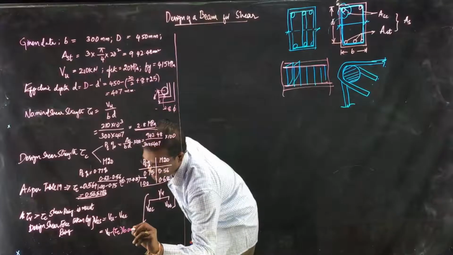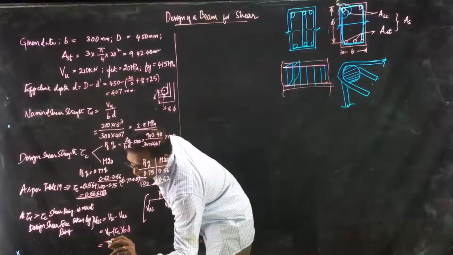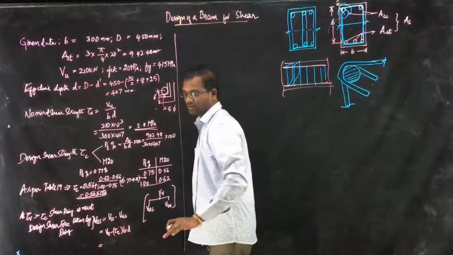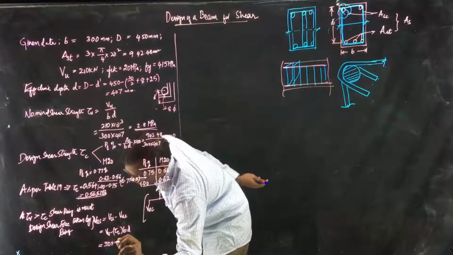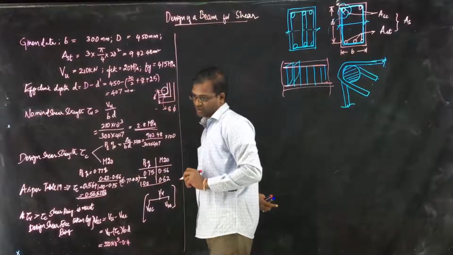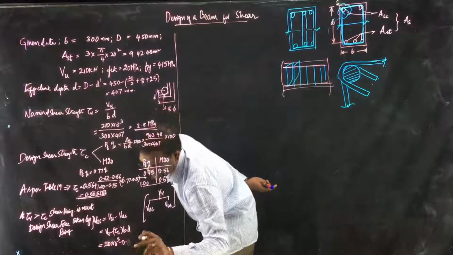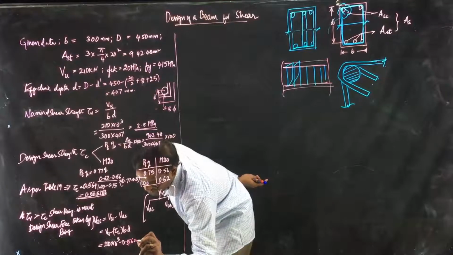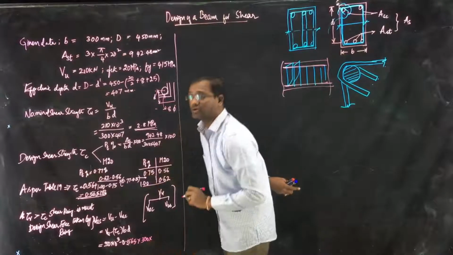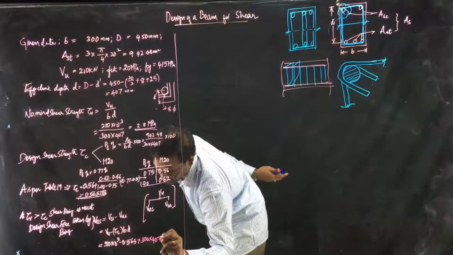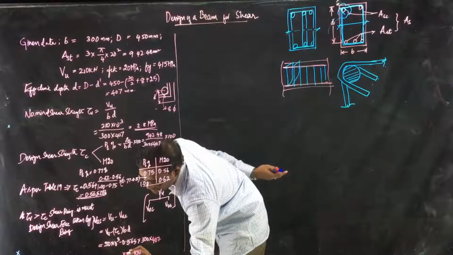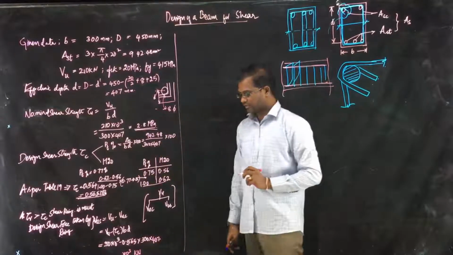Area is bd. So VUS is 210 into 10 power 3 minus tau c, which is 0.565, into 300 into 407. Now you will get a value in newtons. If you divide by 10 power 3, you will get a value in kilonewtons.